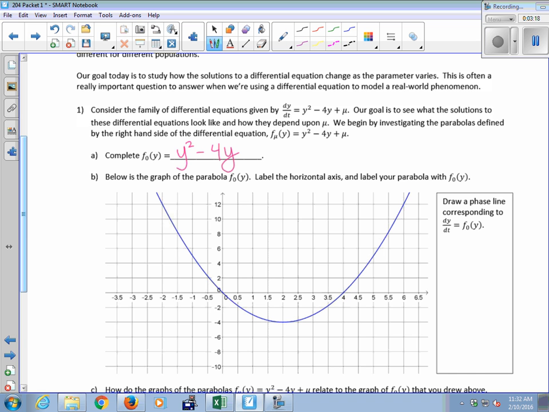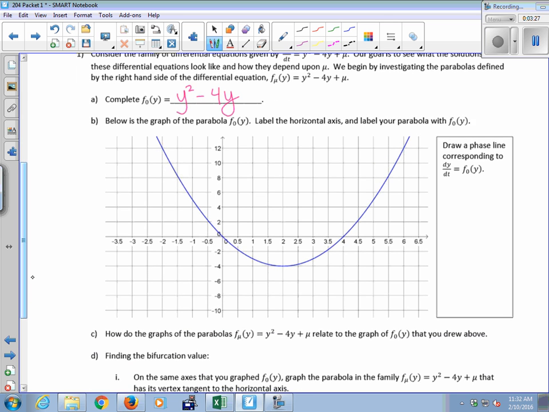All right, so I graphed this for you. F of y equals y squared minus 4y. I'm going to label the axes appropriately here. What is my horizontal axis? Y. Yes. That's my independent variable, y in this case. F, I guess.